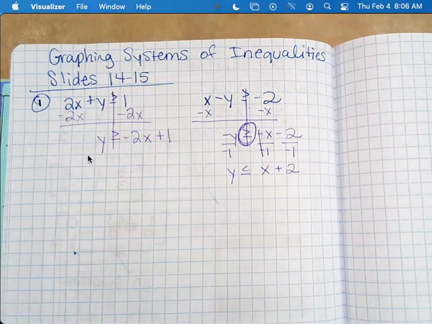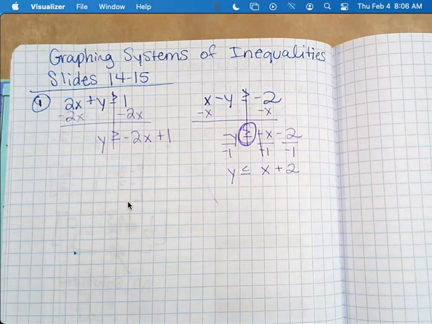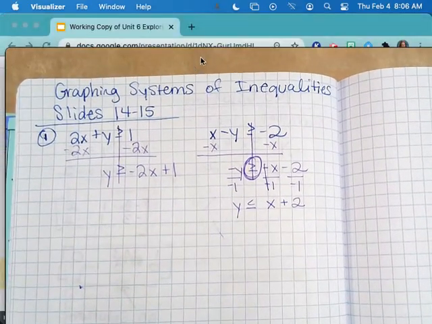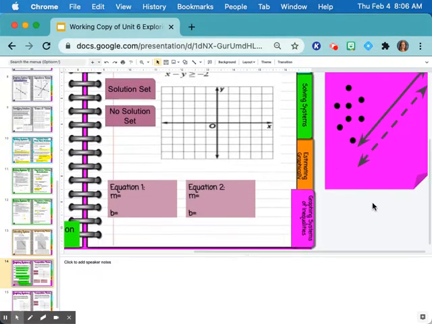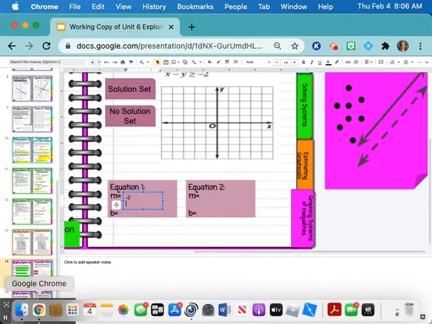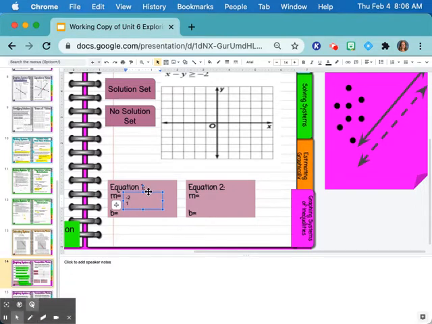So we have our two inequalities solved for y. So now let's go back over and graph it. Well, we need to write what our M and B are here. So on equation 1, our M is negative 2, and our B is positive 1.